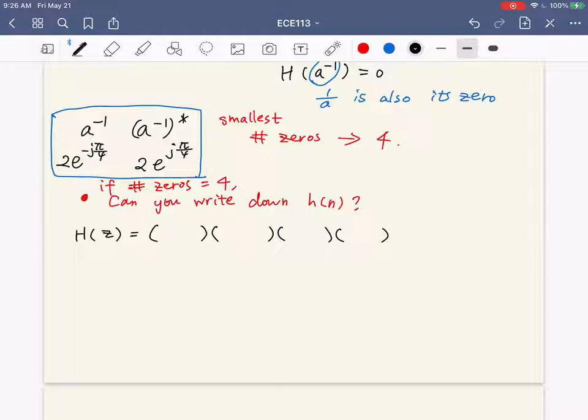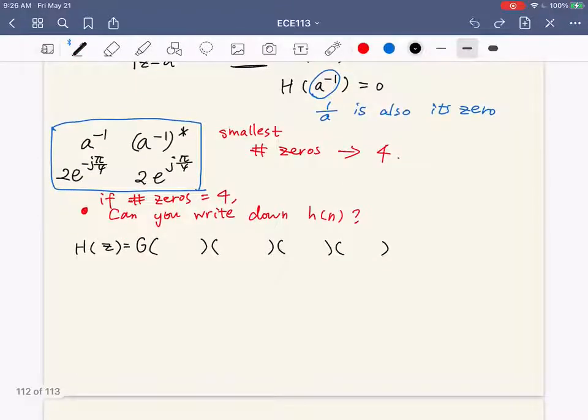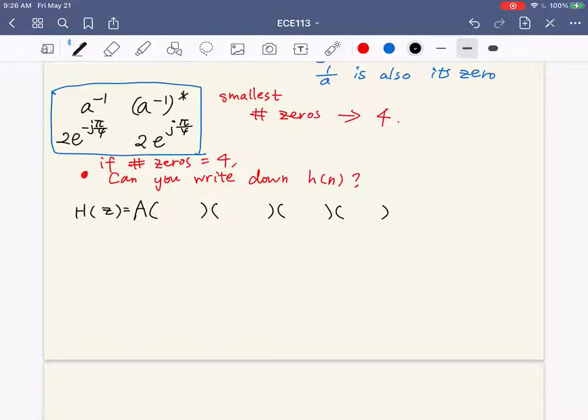Okay, and usually we have a gain here, which is a constant. Okay, I used G before, so let's change to another letter. Let's say A. Okay. And what should be filled in? It should be in the form of 1 minus the zeros. Okay. 1 minus A over Z. And A is its first zero.